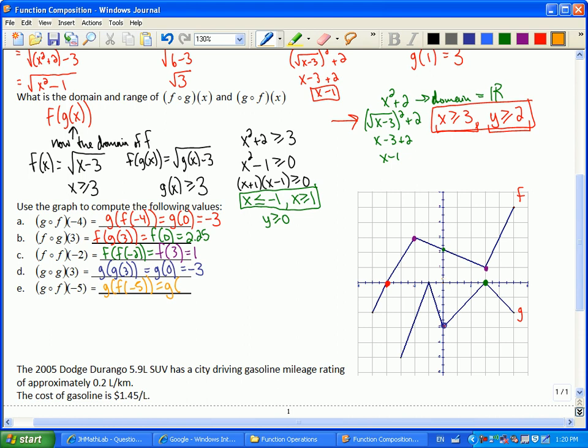Okay, so at negative 5, this one's negative 2, and g at negative 2. So it's right in the middle there between 2 and 3, so I'm going to assume it's negative 2.5.